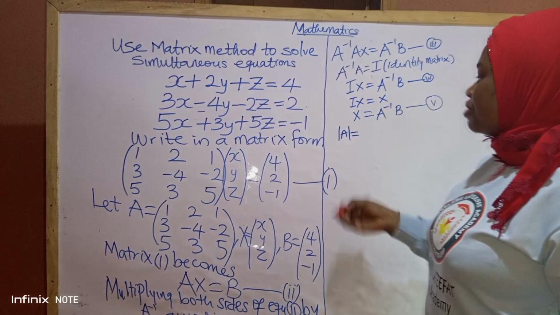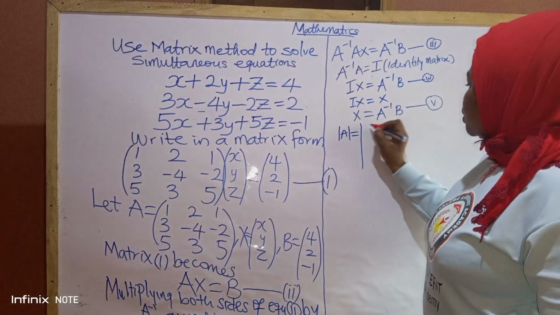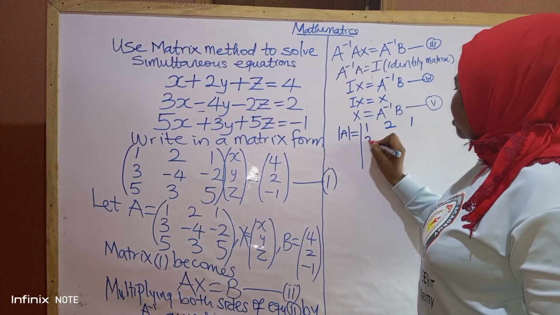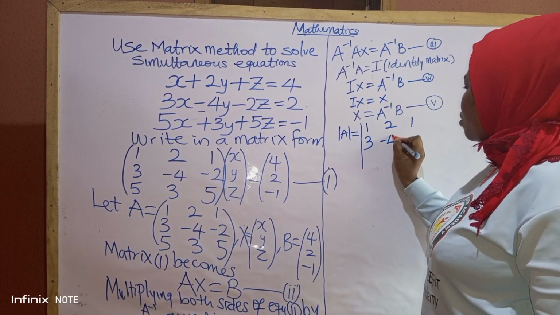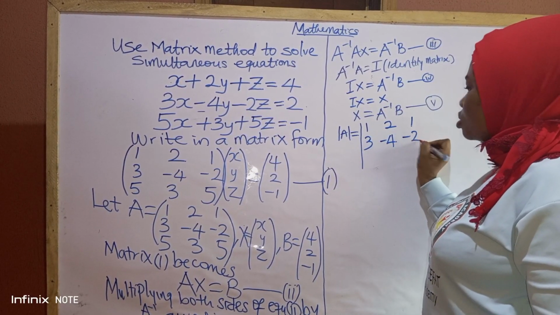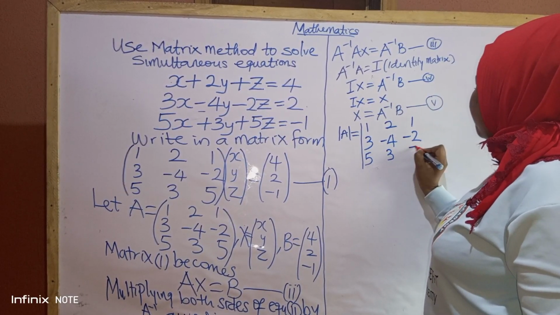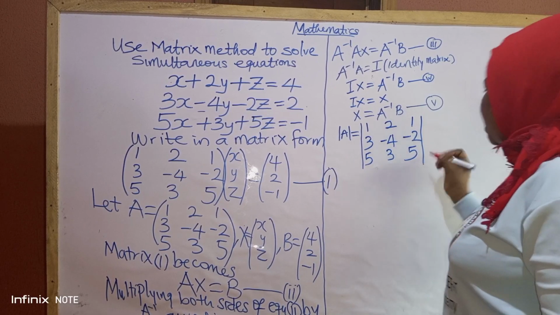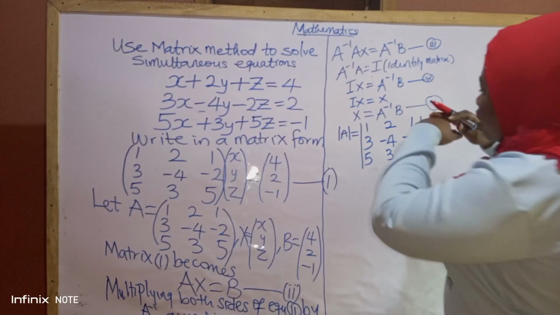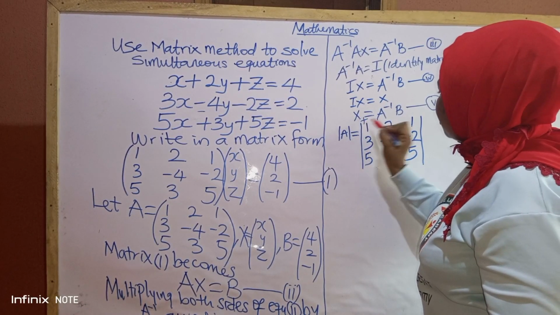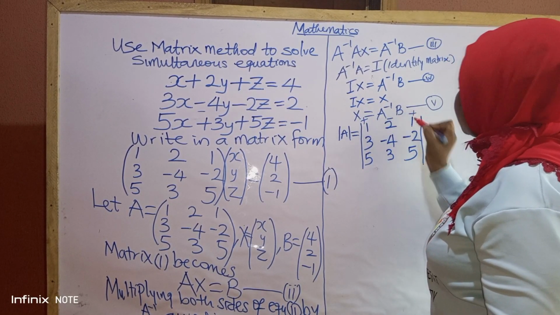The determinant of A, of the 3 by 3, will be 1, 2, 1. Now, the first row of this one, let's put the signs. So I have plus, I have minus, I have plus.